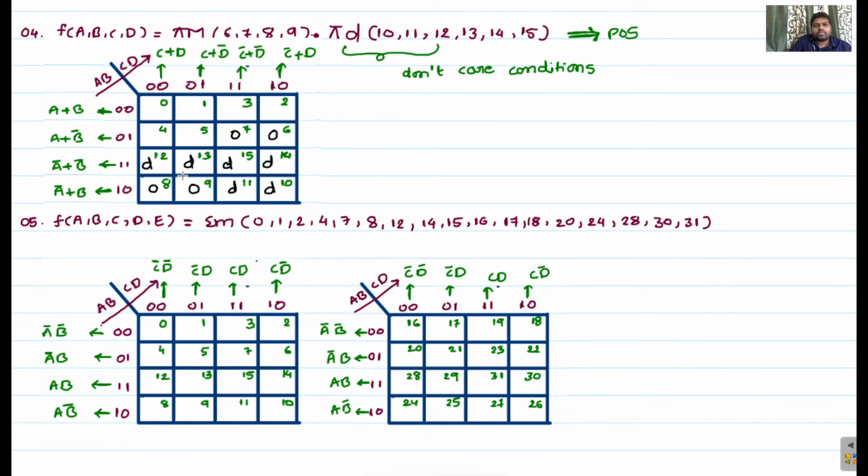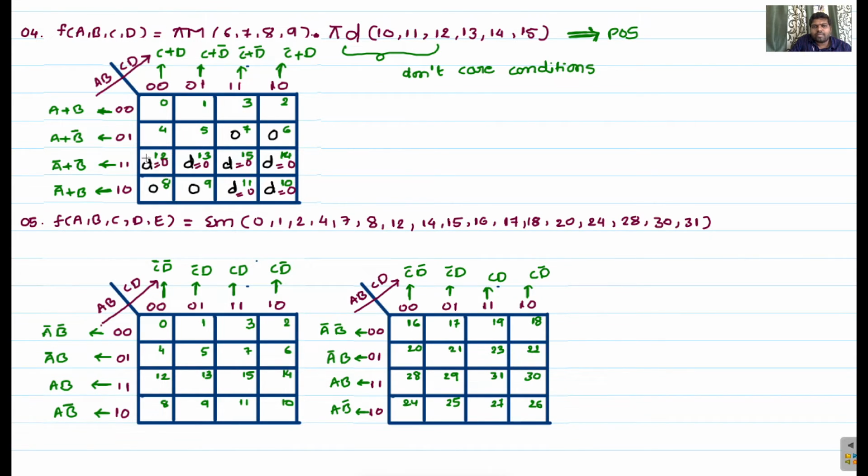For example, in this row, 12 13 14 15 all are having don't cares. If I am taking zeros for all these don't cares 12 to 15, I will assume 0.